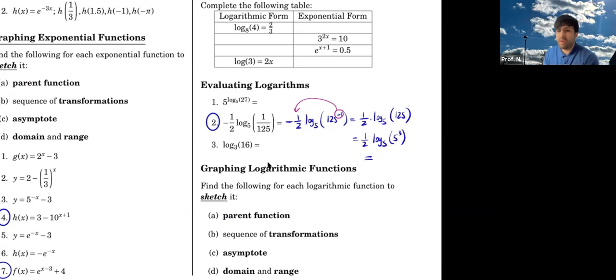Remember the rule: log of any base raised to the x power equals x. That's one of the properties of logs we discussed a few lectures ago. So log base 5 of 5 cubed is 3. So we get 1/2 times 3, which is 3/2, or 1.5. That's how you evaluate number 2.